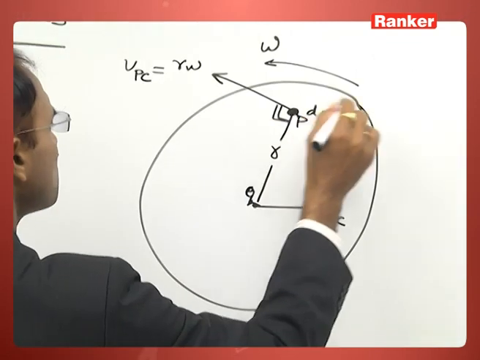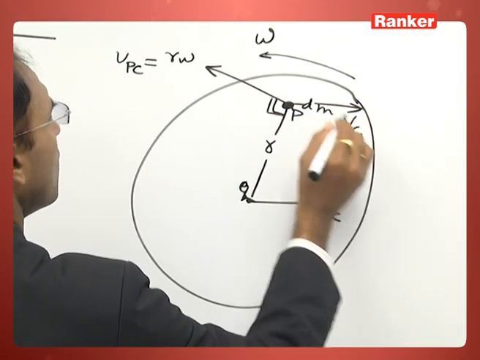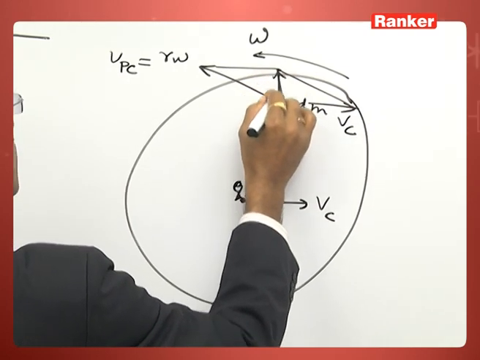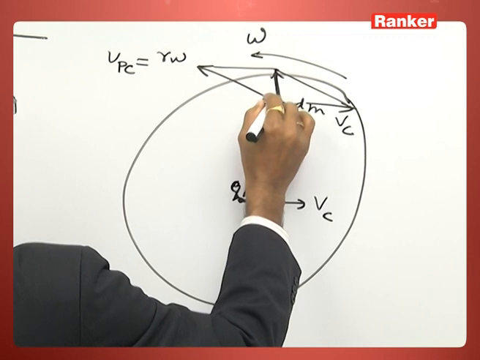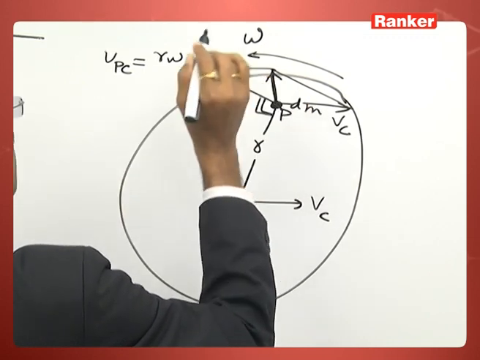If you add the center of mass velocity, you can calculate the velocity of the elementary segment.